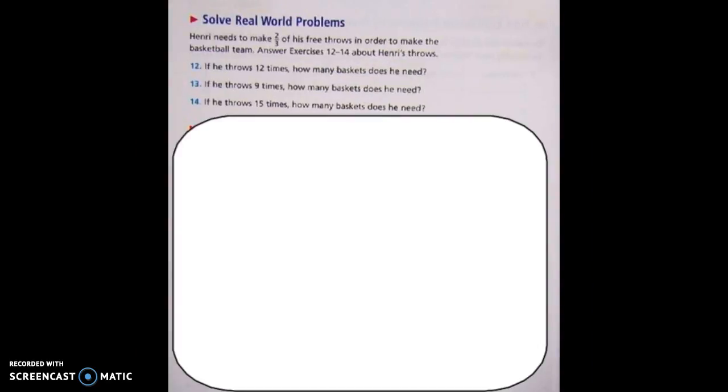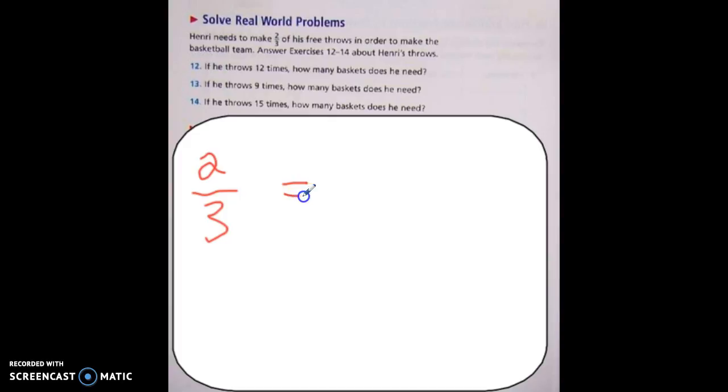Here's a real-world problem that might help us out. Henry needs to make 2/3 of his free throws in order to make the basketball team. If he throws 12 times, how many baskets does he need? So we know 2/3 of his free throws have to go in if he wants to make that basketball team.